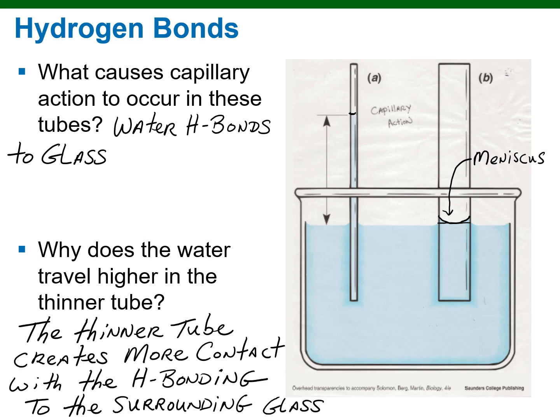Okay. And this is relevant within living systems, although we won't see this so much in microbiology per se, but this second concept down here about the thinner tubes exists more in examples like trees.